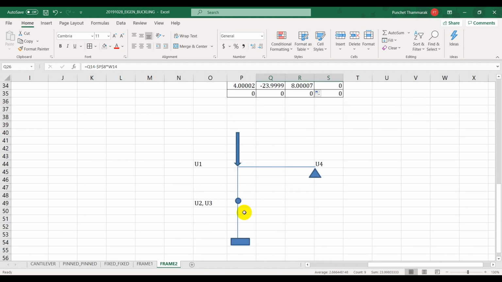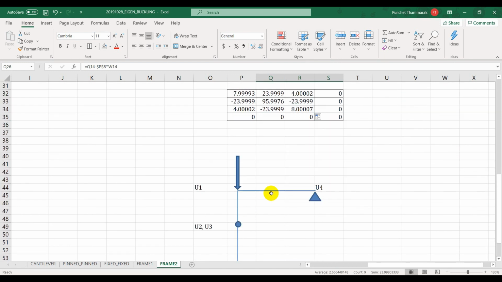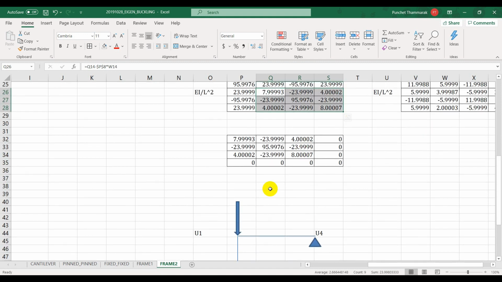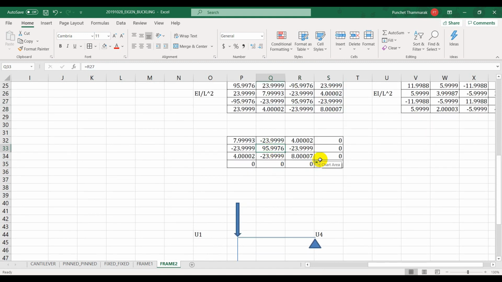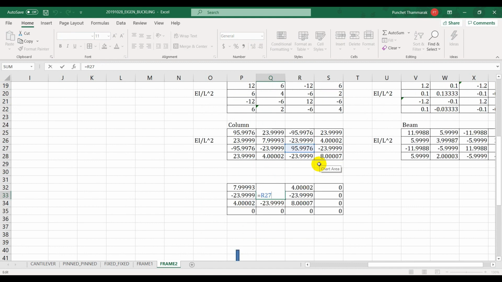Second one, for element number 2, you have the contribution for the first and second degrees of freedom, and that is going to be in here. So this one you will add up with this point here. So copy and copy.